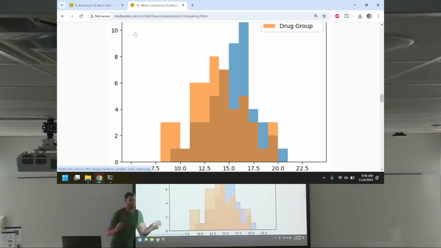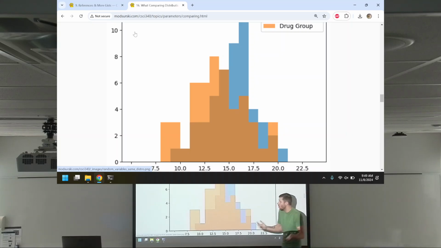Let's assume, if the thing I'm trying to observe, if the new drug made no difference at all, it wouldn't matter what group.